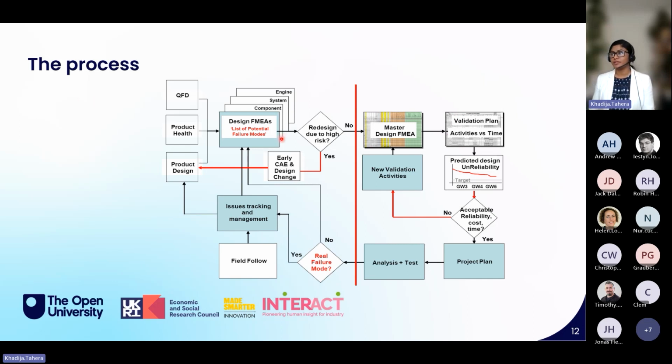Because if we look at this diagram, which is again based on a case study, there are tools like QFD, quality function deployment, and then we have the FMEA, design FMEA, process FMEA, lots of them. The FMEAs can have different levels, layers, designed for components, for systems, and then systems of systems.